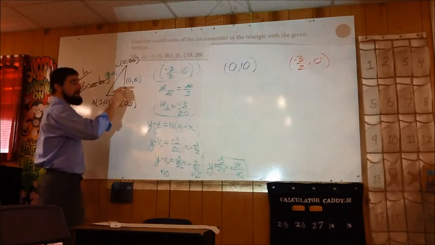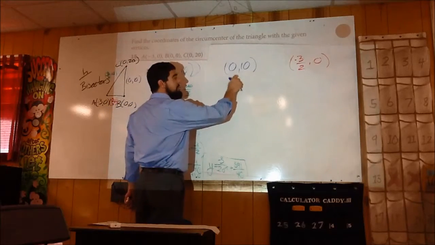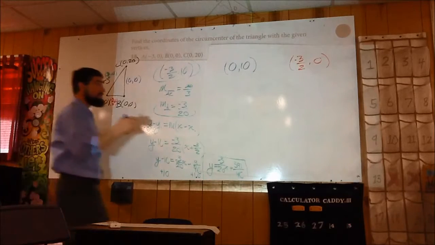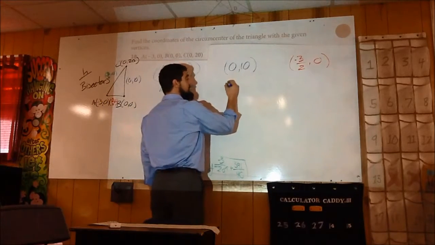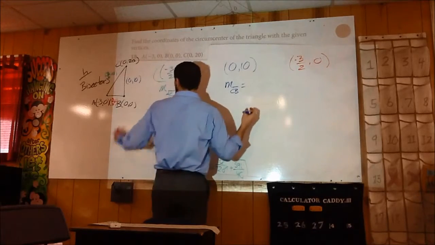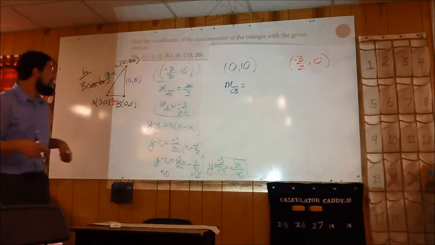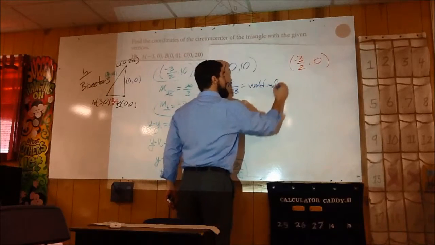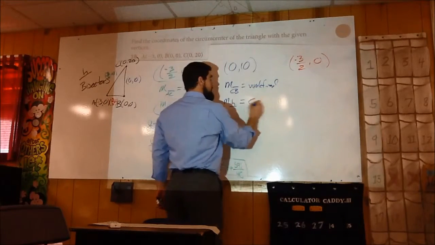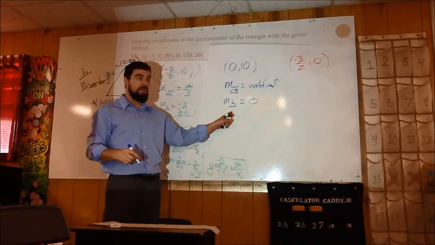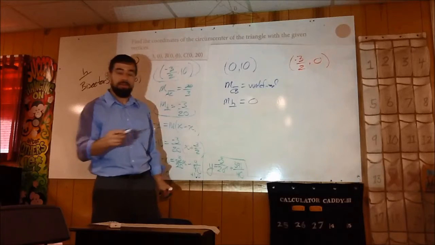Okay, now we have to find the equation of the perpendicular bisector that goes through this midpoint, which would be the midpoint of segment CB. So I have to find its slope and then take the negative reciprocal. What's the slope of segment CB? Undefined. So what would be the slope that would be perpendicular to this? 0. If a line has a slope of 0, what is the equation going to look like?